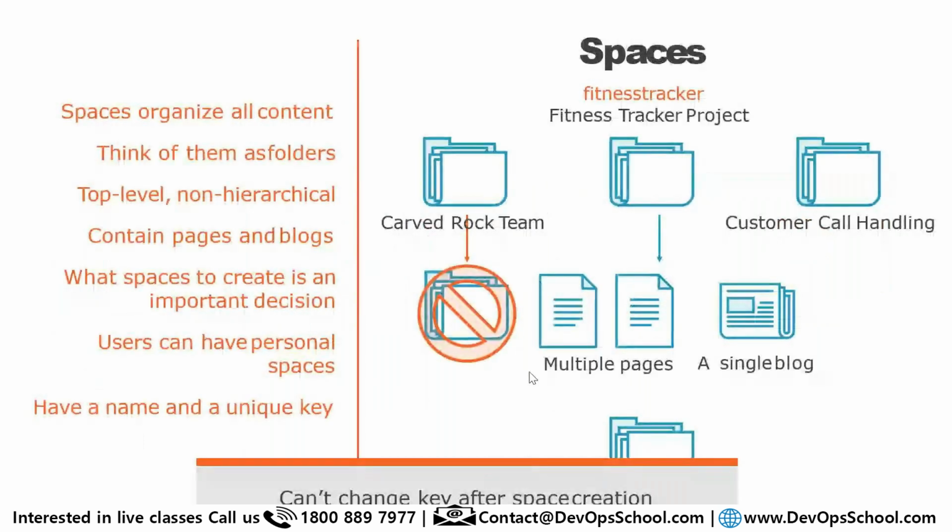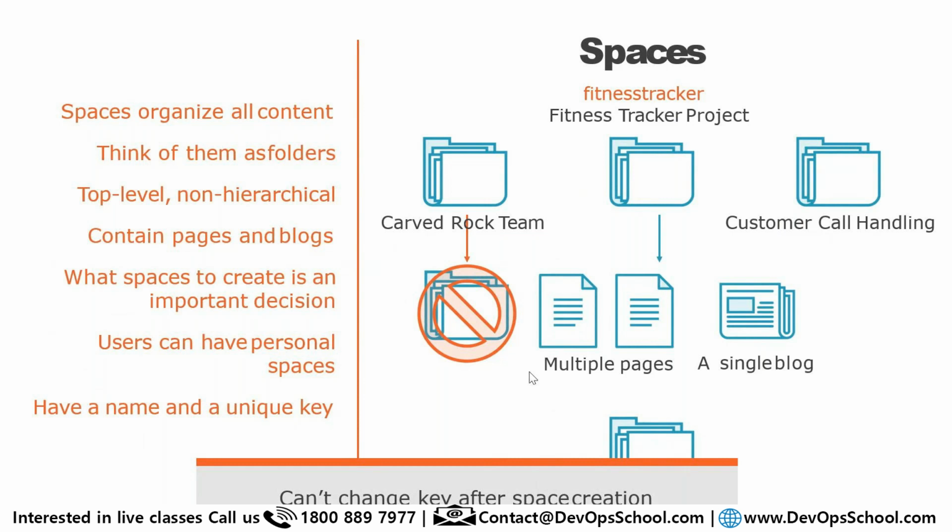Okay, so the first thing, how do you manage the content using a space? So, what is a space? You can think of a space as like a folder on your laptop, just like you manage lots of files inside a folder or directory. In the same way, a space is a place in Confluence where you can manage lots of pages.